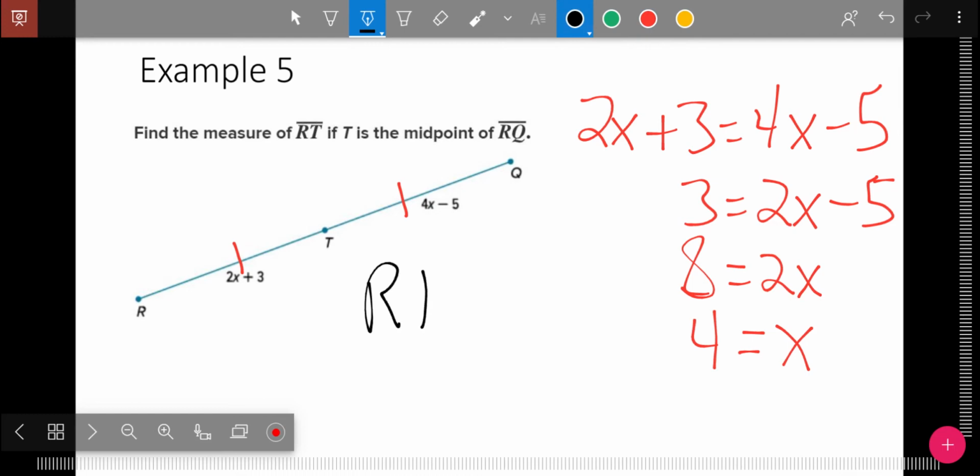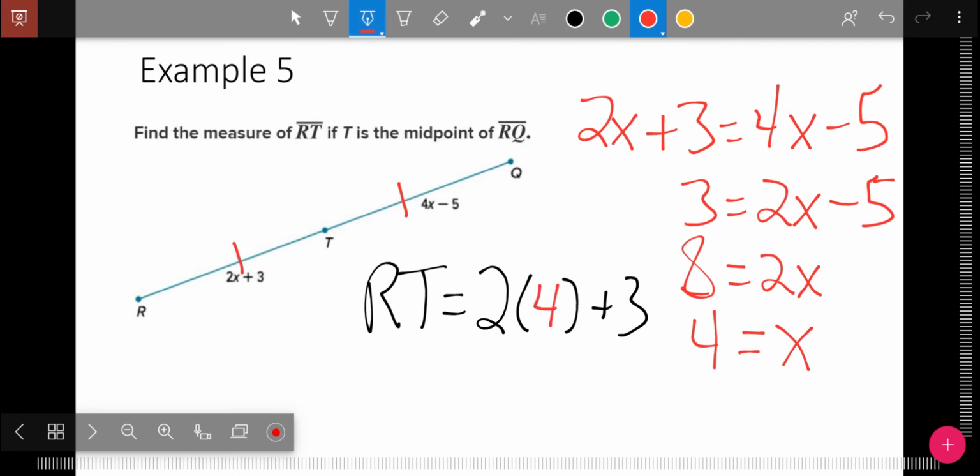So RT equals 2x plus 3. Notice I put parentheses in place of x. I'm going to substitute in. I am going to plug this 4 in for x. So 2x plus 3, except now x equals 4.